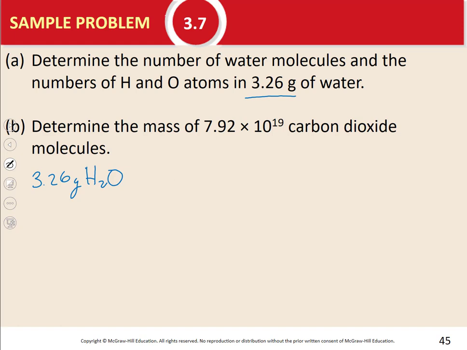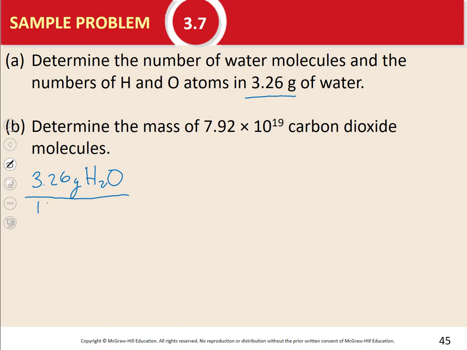So I'm starting at grams and I want to get all the way to molecules. So I'm going to have to jump twice. The first jump is going from grams to what? Moles. So how do you go from grams to moles? What's the step? Divide by molar mass. So anybody remember what the molar mass was for water?